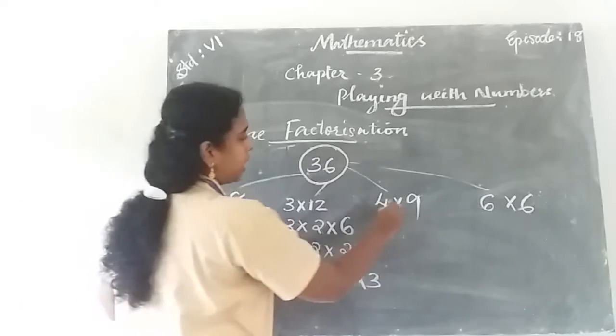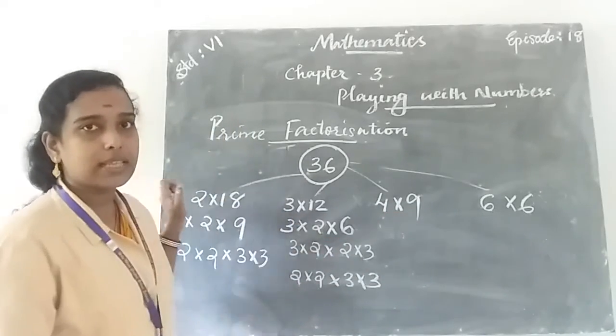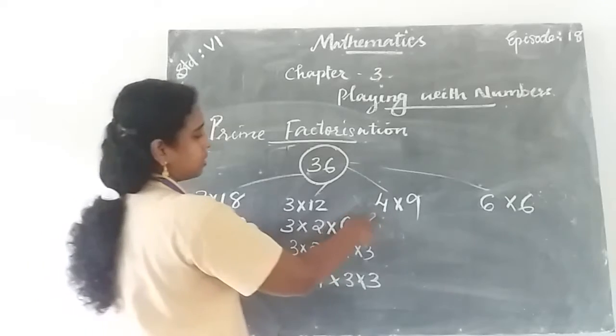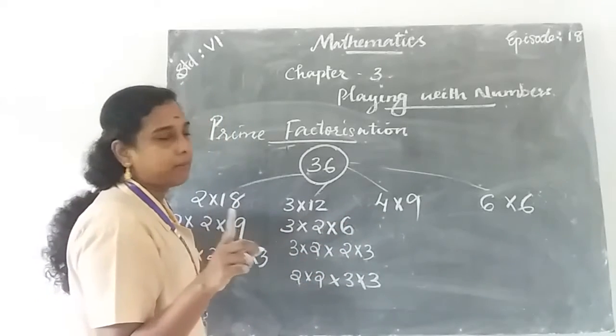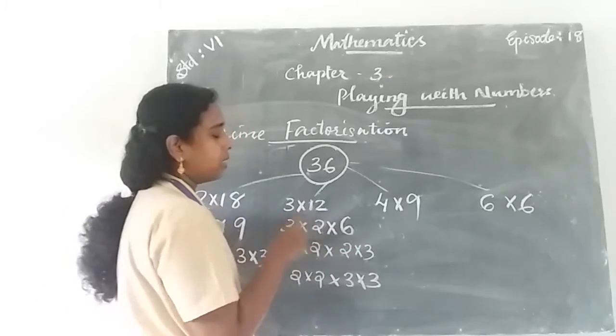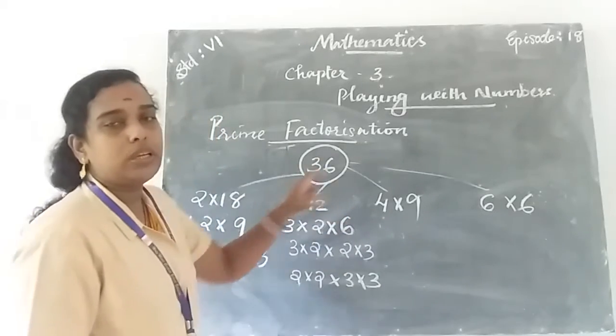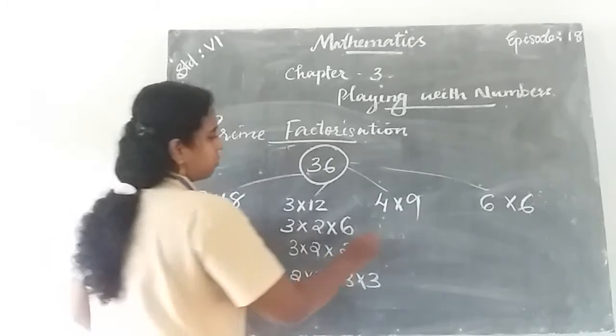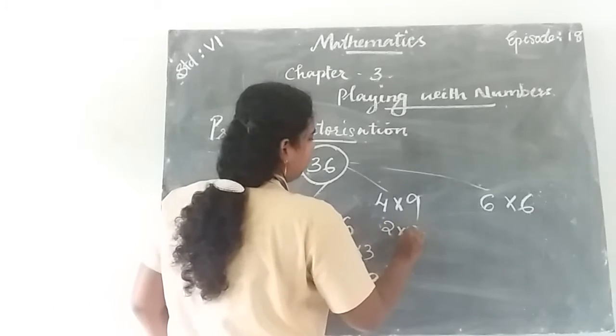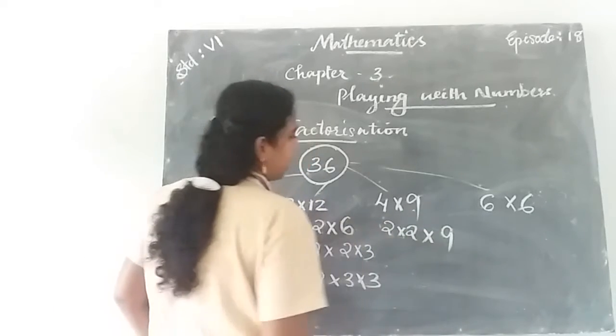In another way, 4 into 9: 9 fours are 36. The first number is 4, which is not a prime number, so we write it as a product. The product of 2 into 2 gives 4, so we write 2 into 2 into 9.